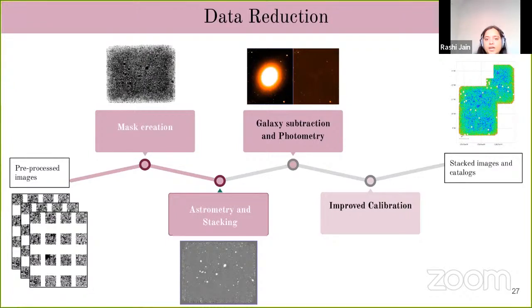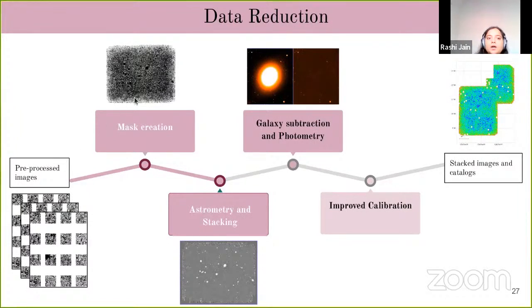We have used infrared data in J and K band. We received the pre-processed images from the Cambridge Astronomy Survey Unit, and these are initially subtracted for sky and other artifacts because of observation. And we received images which look something like this. So they have gaps in between. We use these images to first create an object mask to mask the bright objects.